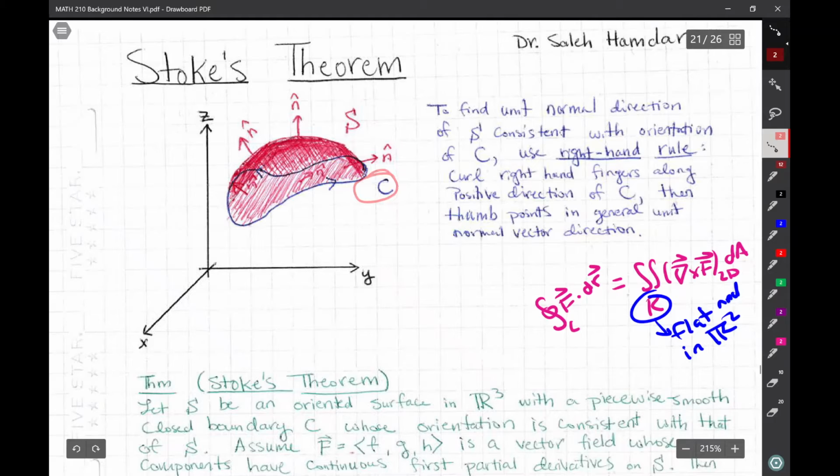So here's a curve C, and it's running this way. You can think about it as counterclockwise, but again, we're in 3 dimensions now, so those sort of notions are ambiguous. So it's running around this way, and if you curl your right fingers along C, your thumb will point up, and that's where these normal vectors will come in.